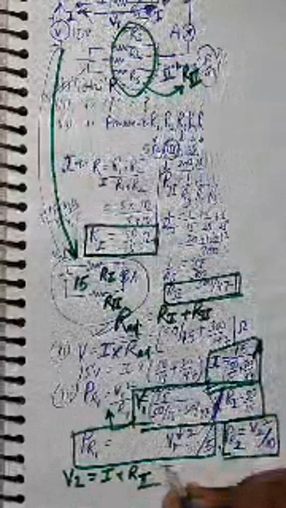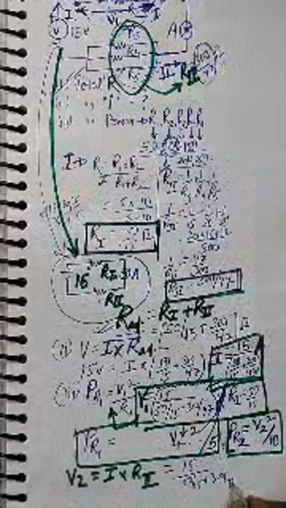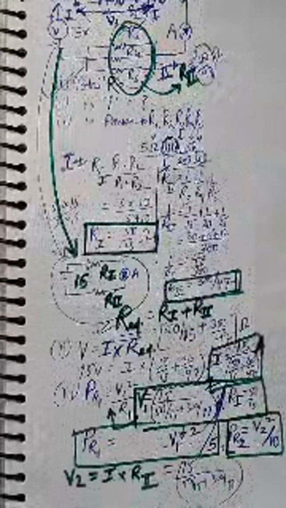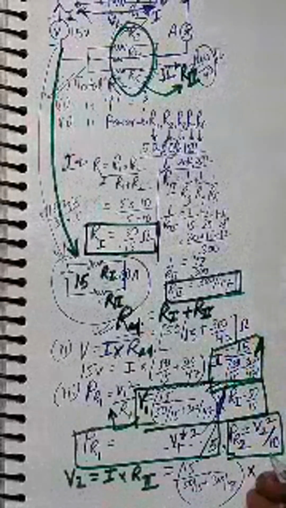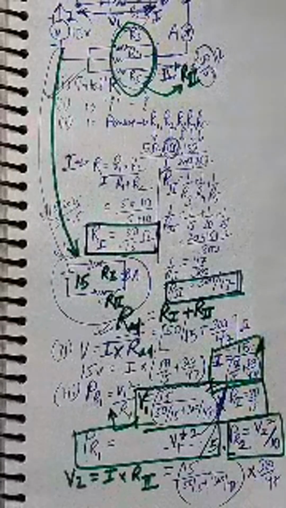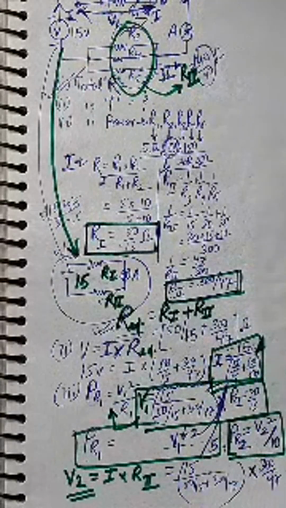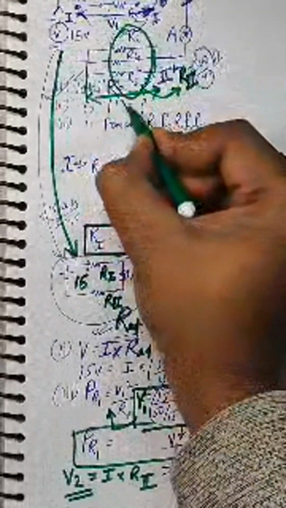So just put in the value of I as 15 by 50 by 15 plus 300 by 47, right? This is your I. I multiplied with R2. What is the value of R2? 300 by 47. So this will give you the value of V2, right? So you will get the voltage across these two points. This is nothing but V2.